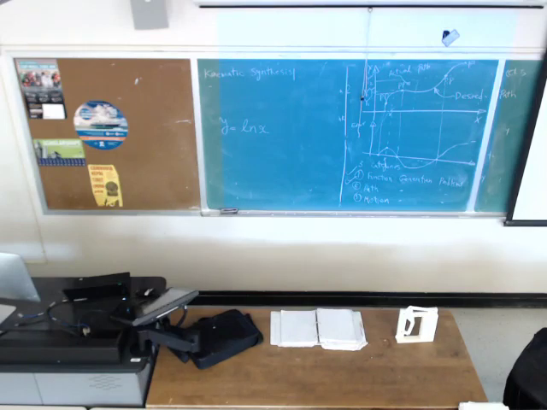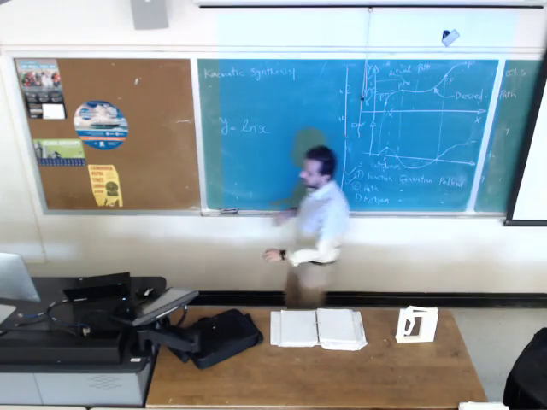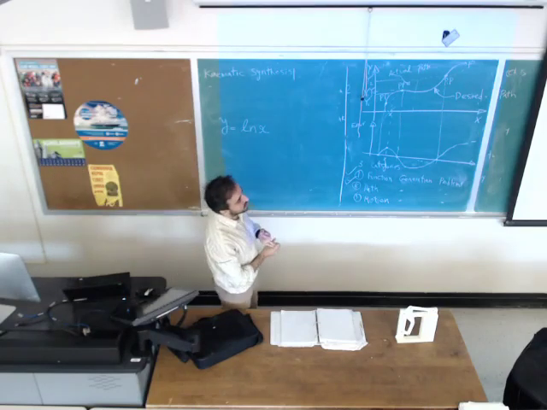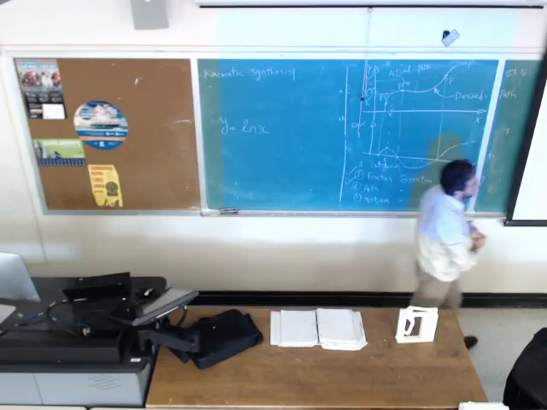When this point is moving from this position to this position, the rigid body can have different orientation. I keep this point here, but I can rotate it about that point.